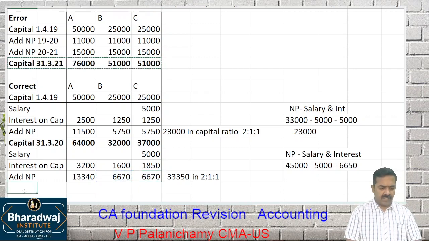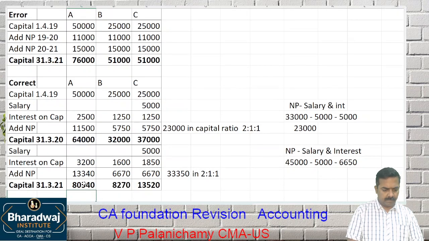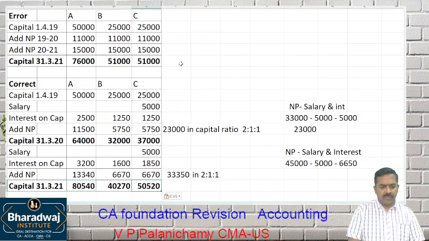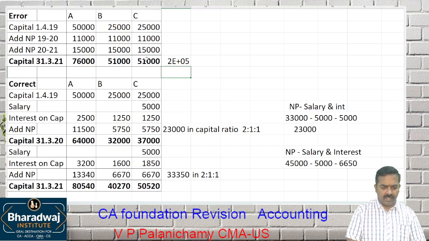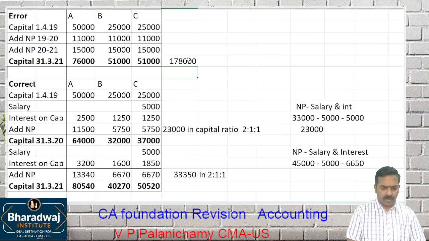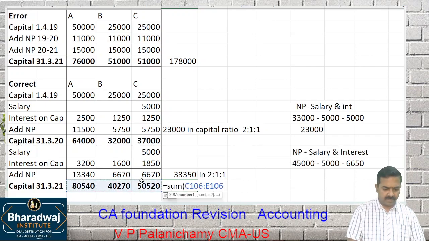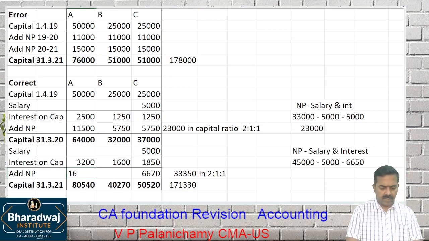This will give us the correct balance. If you look at the wrong capital balance total or the correct capital balance total, it will be the same. Total will be the same. Within the partners only it will differ. The net profit 2:1. 16,675. 16,675.